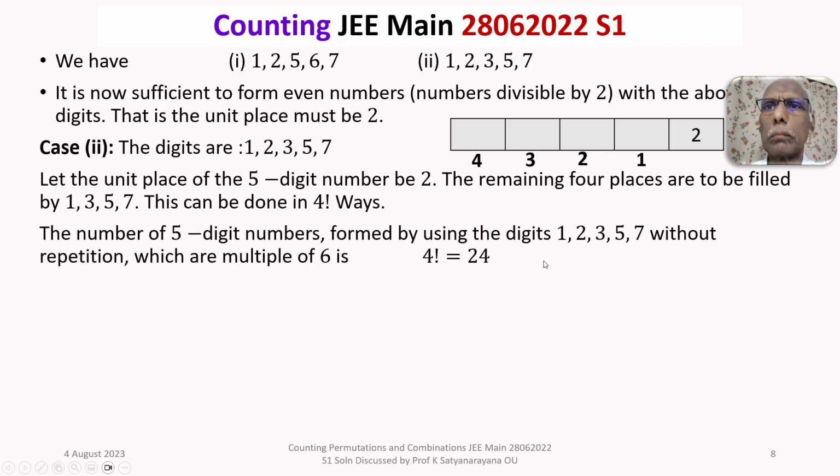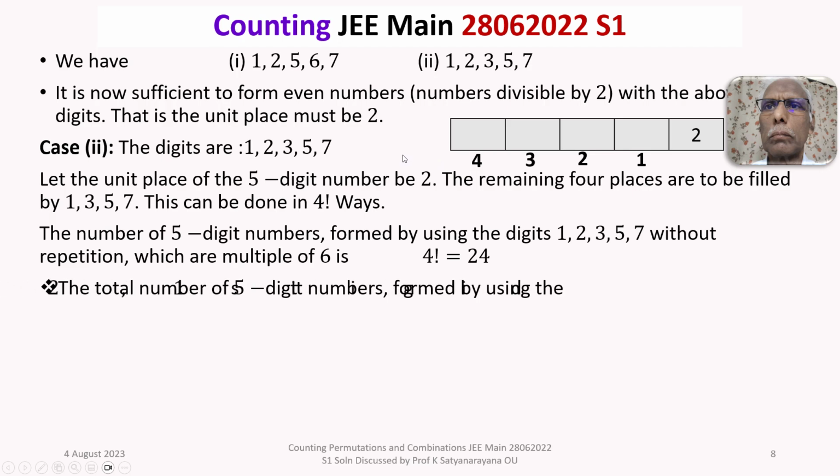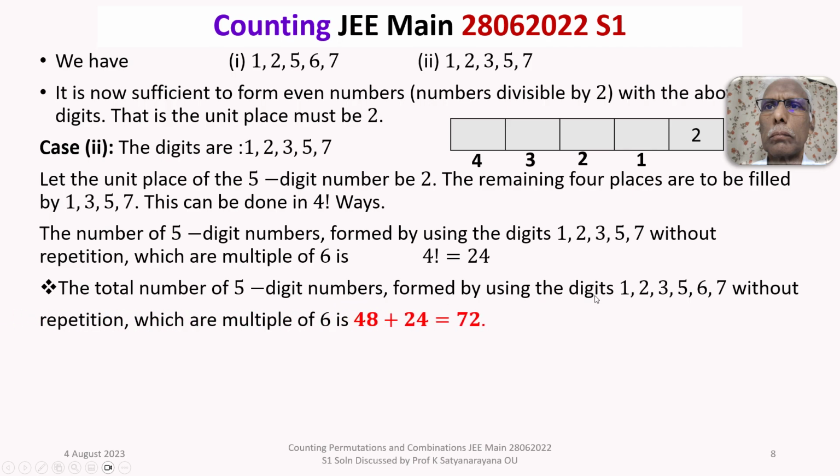Now combining case 1 and case 2, we use the sum rule again. The total number of 5-digit numbers formed by using the digits 1, 2, 3, 5, 6, 7 without repetition, which are multiple of 6, is 48 ways in case 1 plus 24 ways in case 2.